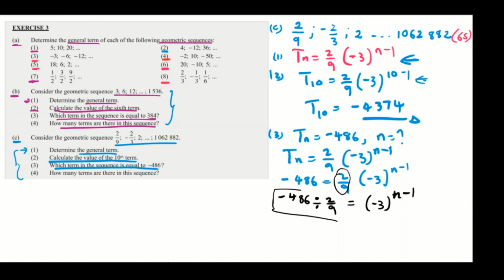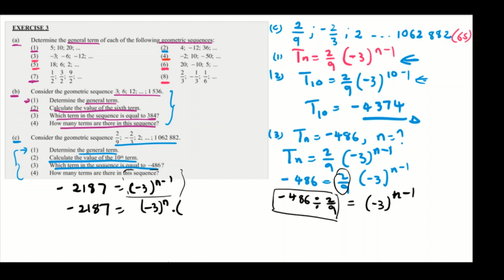And then you're going to divide this and find its answer to be minus 2187 equals minus 3 to the power of n minus 1. So we're going to expand this here, which is minus 2187 equals minus 3 to the power of n multiplied by minus 3 to the power of minus 1.